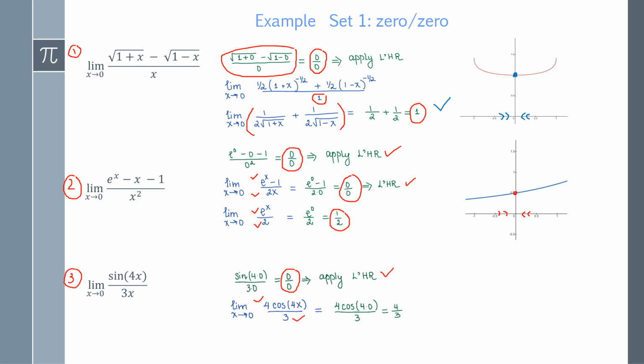Now we evaluate this expression at 0. We get 4 cosine of 0 over 3. Cosine of 0 is 1, so the final answer is 4 over 3. The last step is to check with the graph. Here is a partial graph of this function, sine of 4x over 3x.